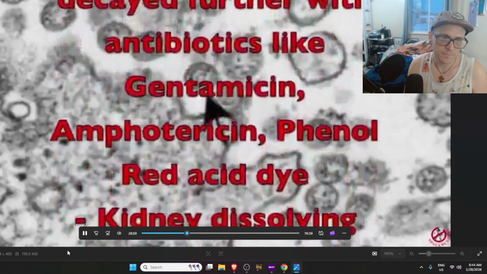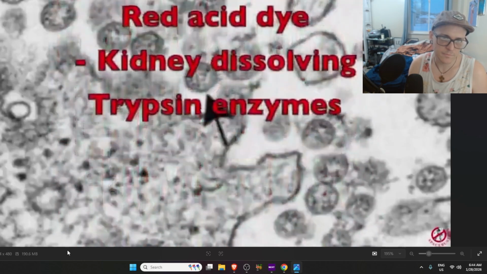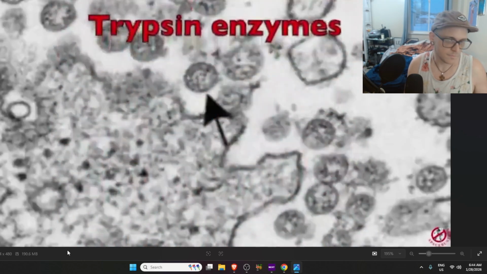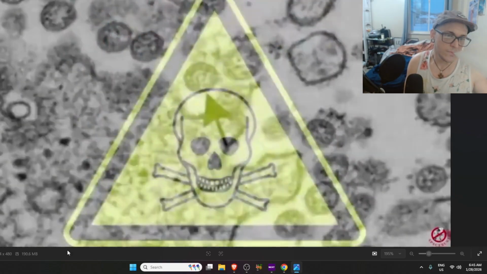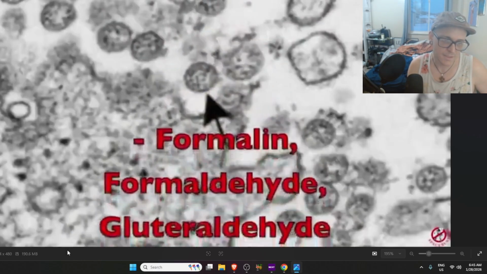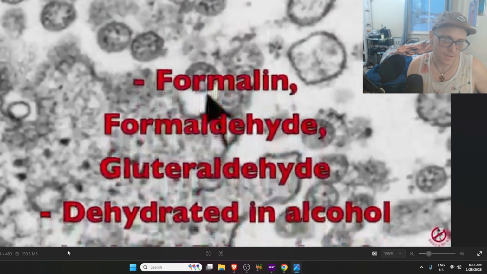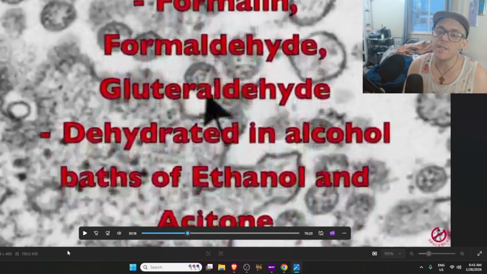Amphotericin, phenol red acid dye, and kidney-dissolving trypsin enzymes for many days. Then poisoned further with fixative neurotoxic preservatives like formalin, formaldehyde, glutaraldehyde, and then dehydrated in alcohol baths of ethanol and acid. If you were to do this to any living thing ever, what would you get in the end?